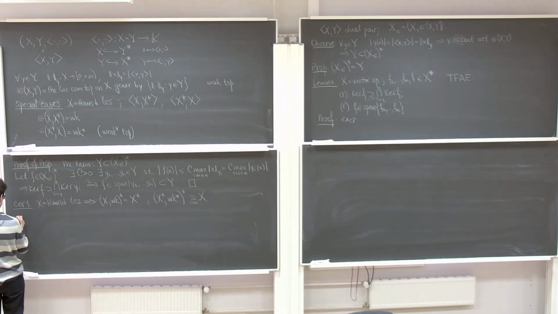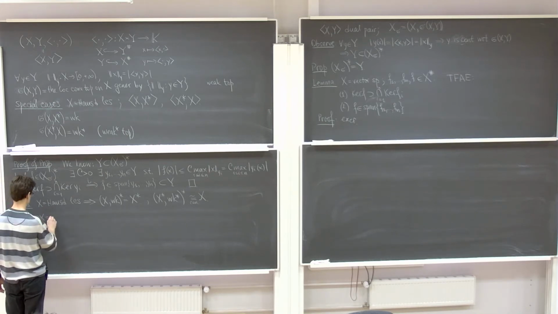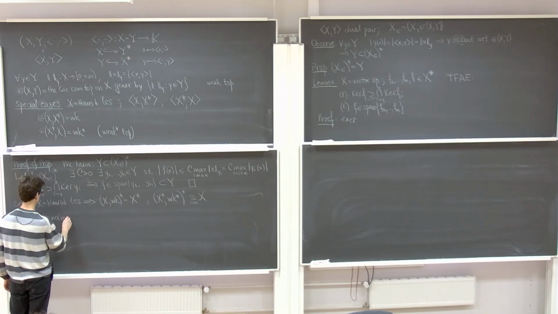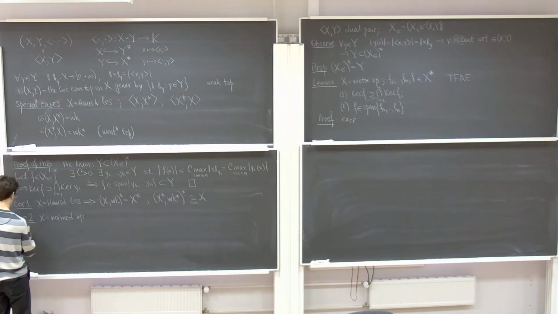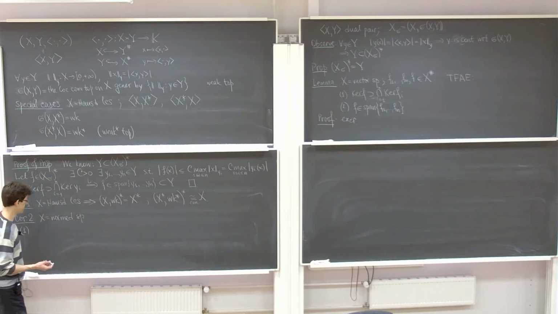Okay, let's now consider a special case where X is a normed space. This is corollary 2. Suppose that X is a normed space. So we know that in this case, the dual of X is also a normed space with respect to the canonical norm. And so we have at least 3 natural topologies on the dual.